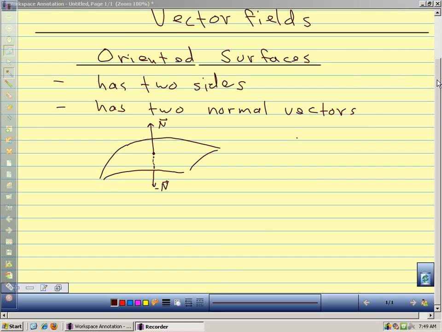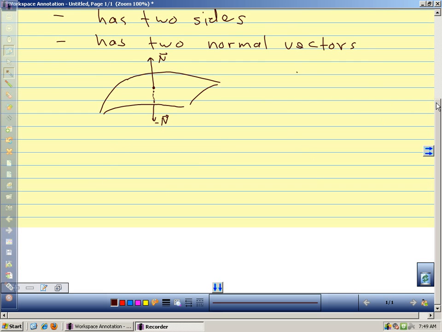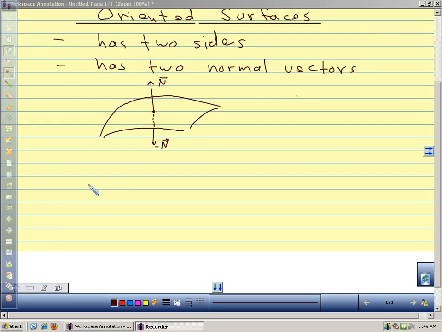And when we talked about parametric surfaces the other day, if we have a parametric surface R of u and v, our normal vector is given by the cross product of the partials of R, but our unit normal vector n is going to be the cross product, R sub u cross R sub v, divided by the magnitude of that cross product.